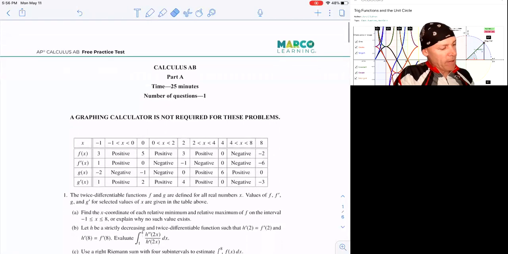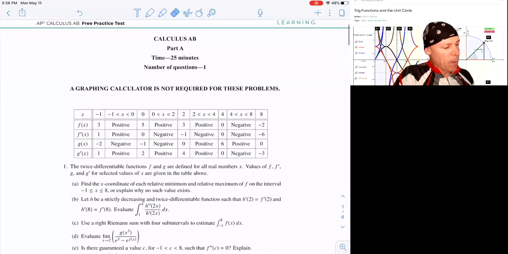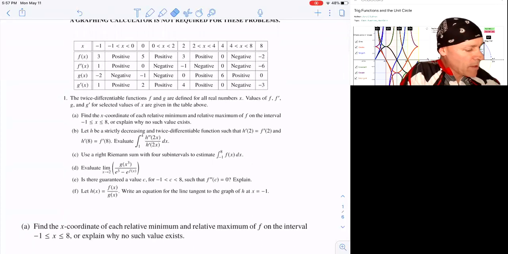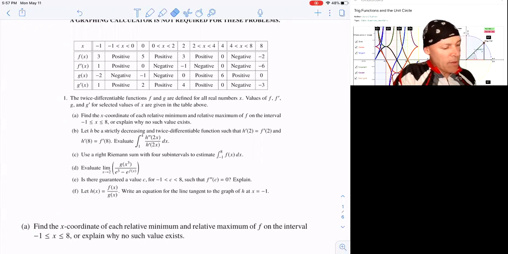And so as we dive in, part A, the longer question, we're given a table. It says the twice differentiable functions f and g are defined for all real numbers x. Values of f, f prime, g, and g prime for selected values of x are given in the table above.